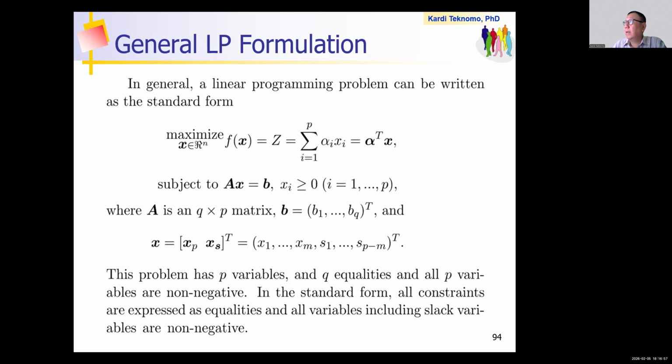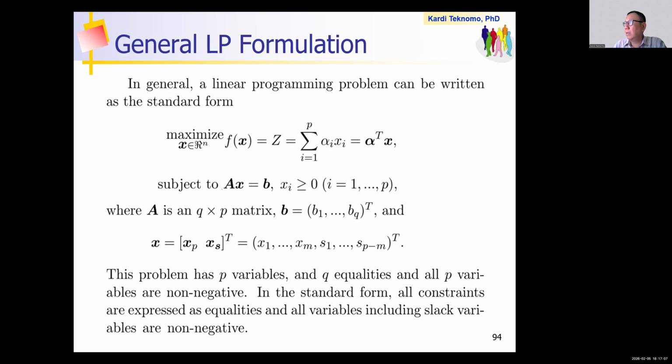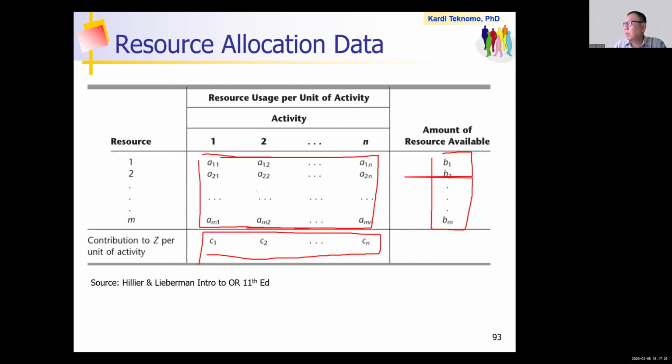In general, because you have this kind of table data, that table data will be put into matrix A. And X is the decision variable. So you have X, Y, Z, and so on, or X1, X2, X3, X4. And then B here is the right-hand side, the amount of resource available.